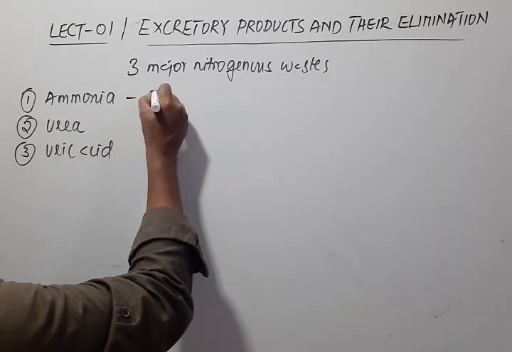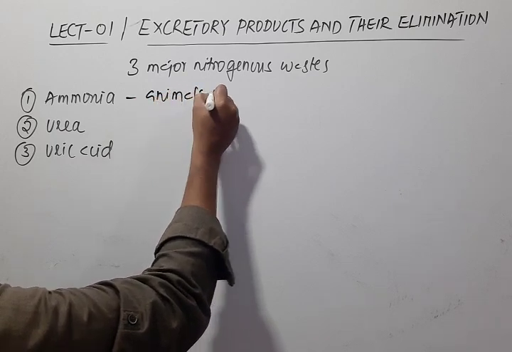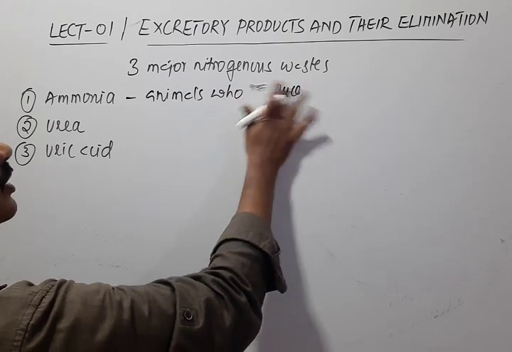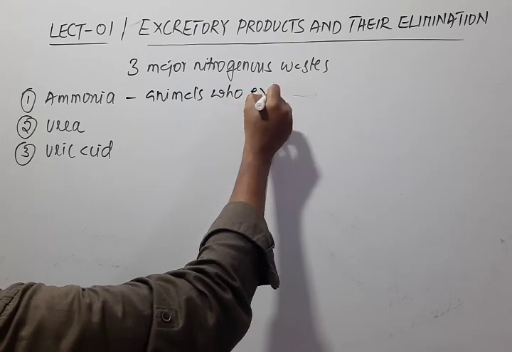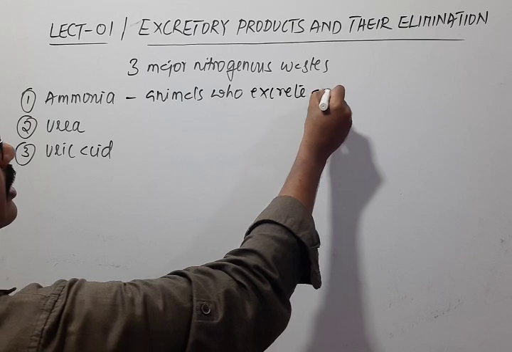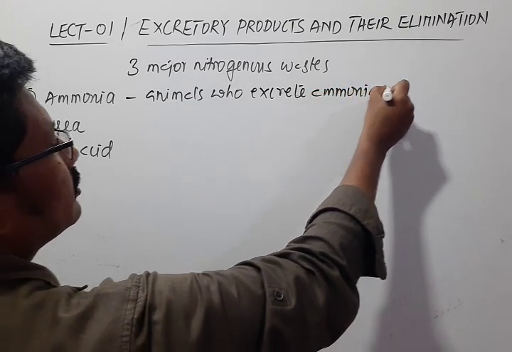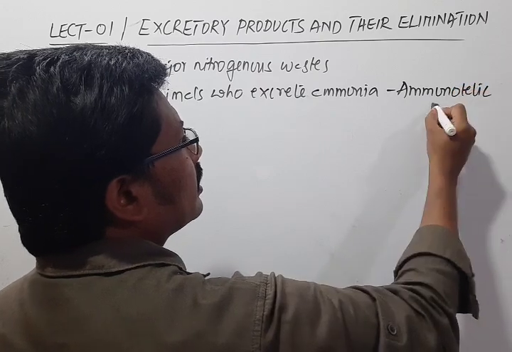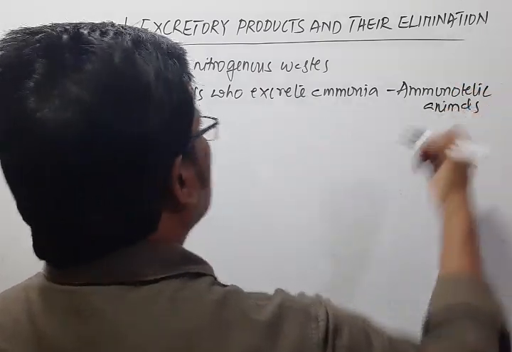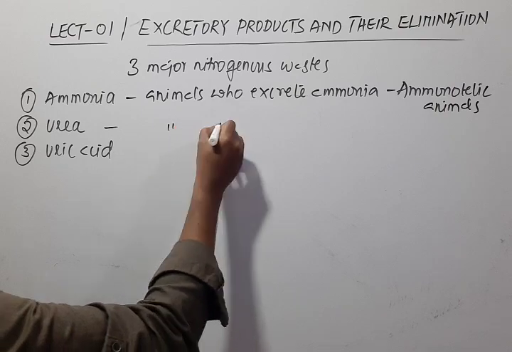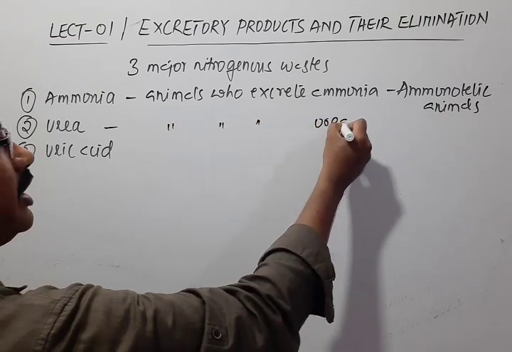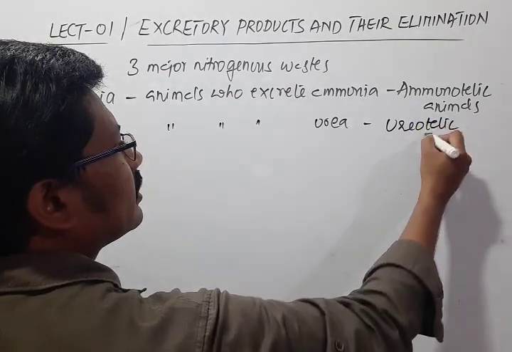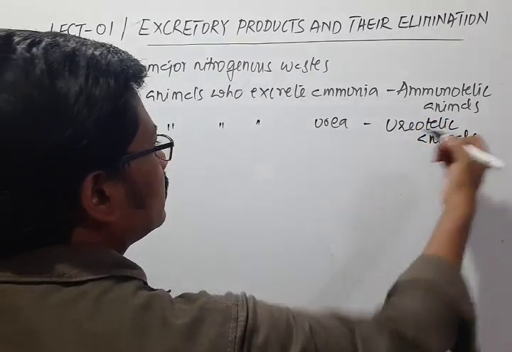So animals who excrete ammonia are called aminotelic animals. And the animals who excrete urea are called ureotelic animals.